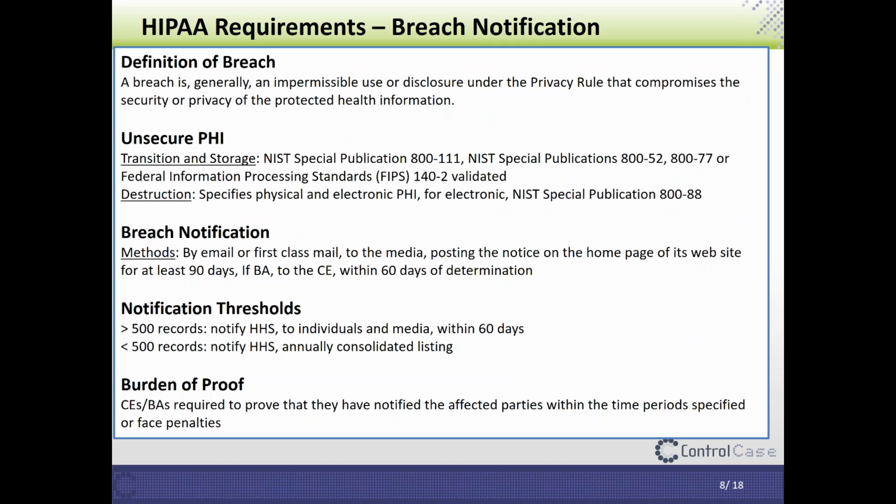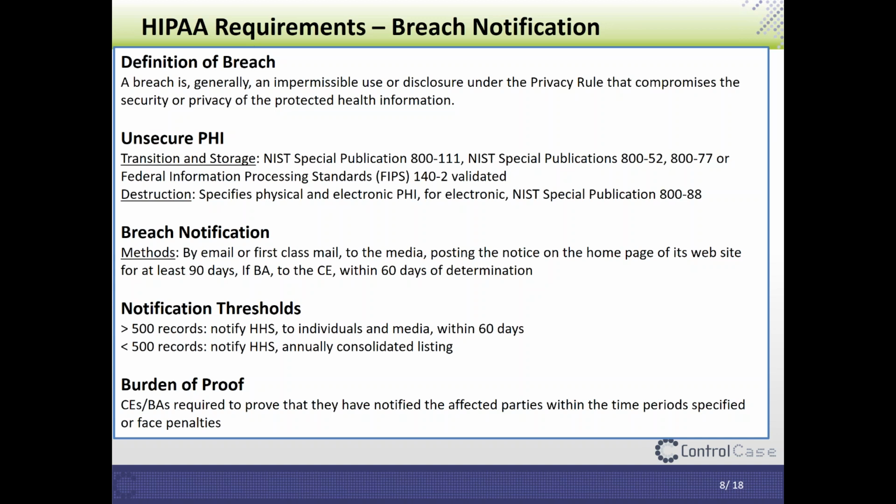The next piece, as I mentioned, there were three high-level components, and the third one is the breach notification. The breach notification talks about if there is a compromise in either the security or the privacy of protected health information or PHI, what notifications need to be done and in what manner?